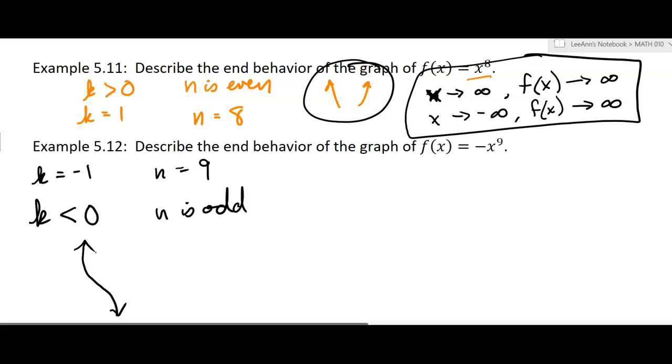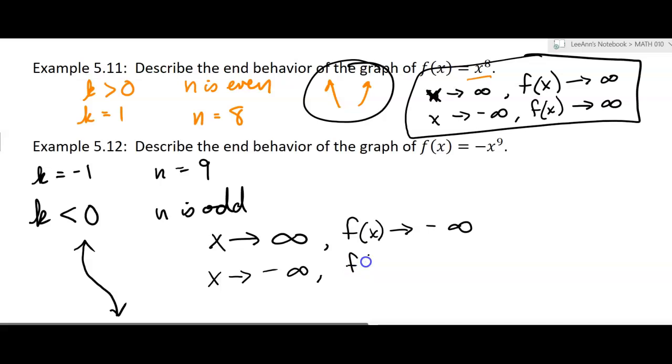And so as x approaches, we can do infinity first. It doesn't matter really which one you put first. As x approaches infinity, f of x approaches negative infinity. And as x approaches negative infinity, f of x approaches infinity.